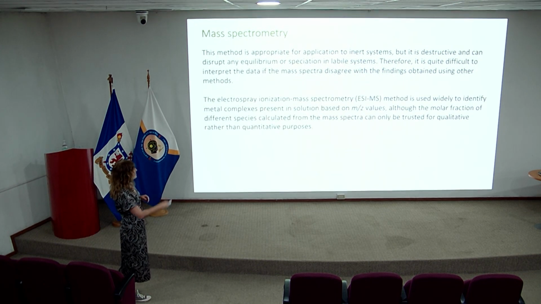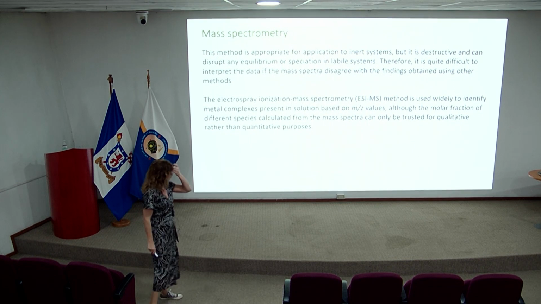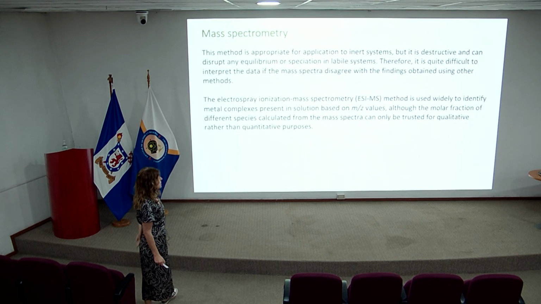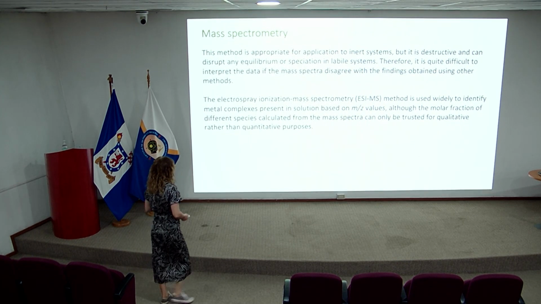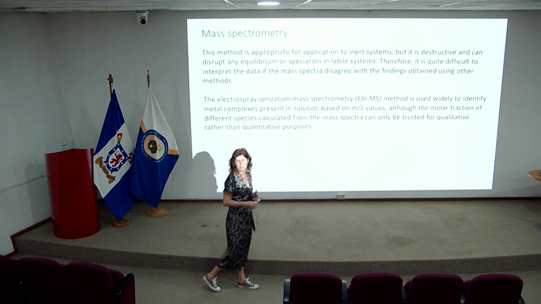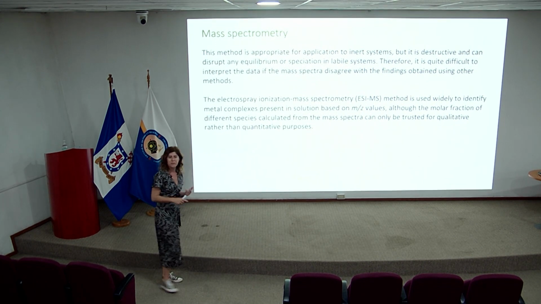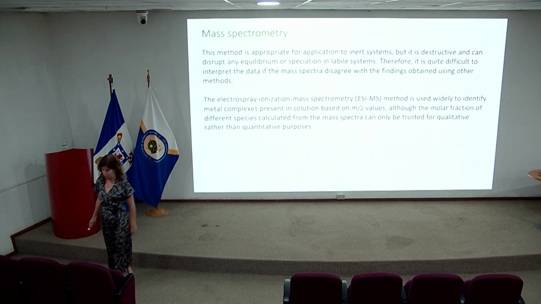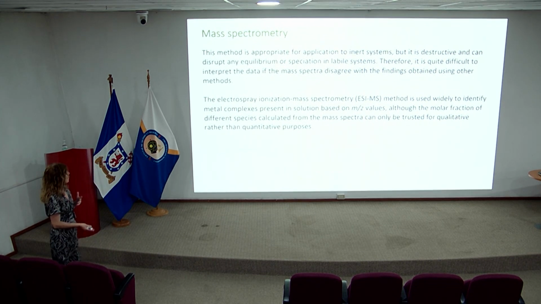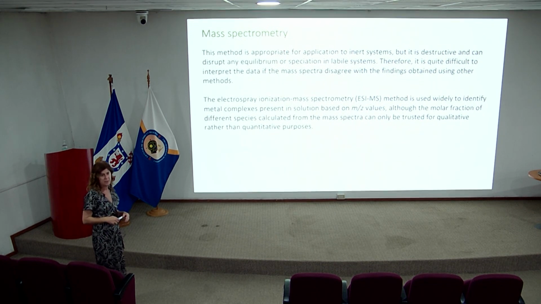So, for instance, ESI-MS, electrospray ionization mass spectrometry, has been widely used, but it's mostly with gold, platinum, and this type of inert complexes, not much for copper, vanadium, because the ionization will change the speciation.